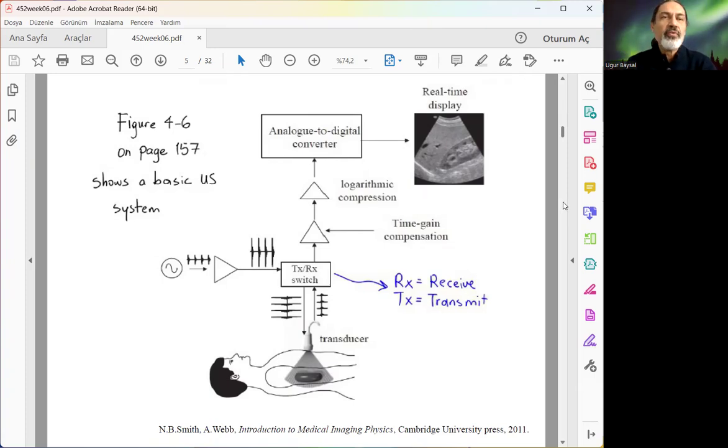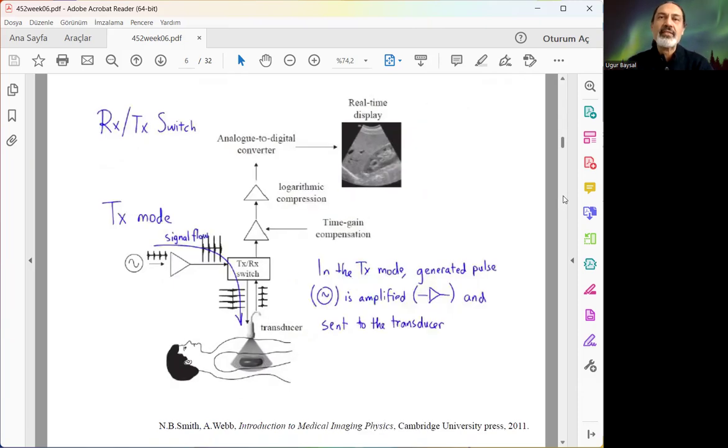So from one of the auxiliary books related to this course, this is some explanation of the general block diagram. So if you look at the details of the system, in the transmit mode, the system sends a signal and the transmitter pulses are turned off, and then another receiver circuitry is now connected to the circuit to receive and amplify the reflected signal, which is much smaller than the transmitted signal.